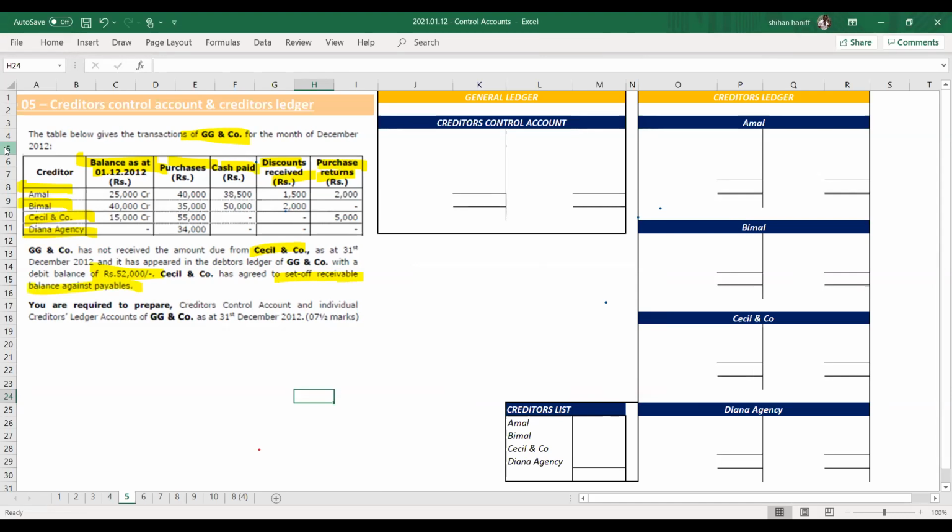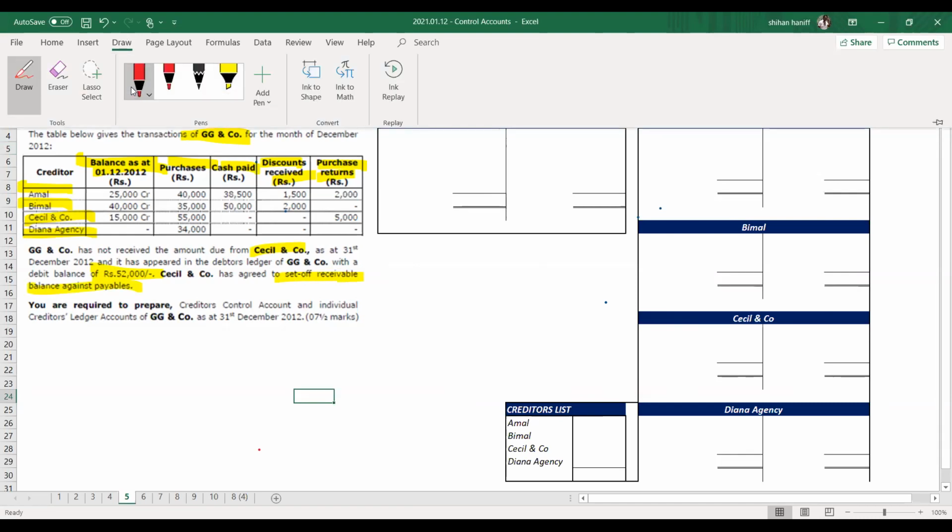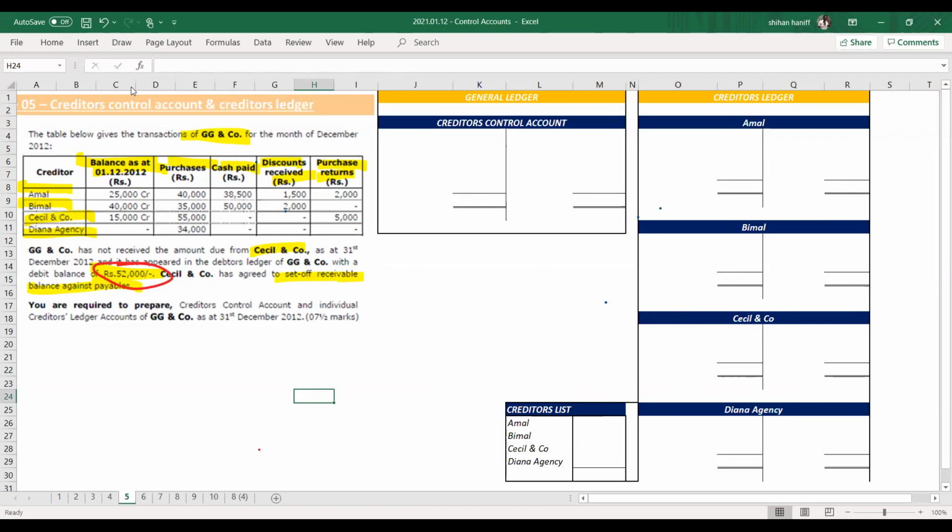Cecil and company has agreed to set off receivable against payable. So Cecil and company 52,000 we have to set off. So only that is the new thing here. You are required to prepare creditors control account and individual creditors ledger accounts of GG and company as at 31st December.